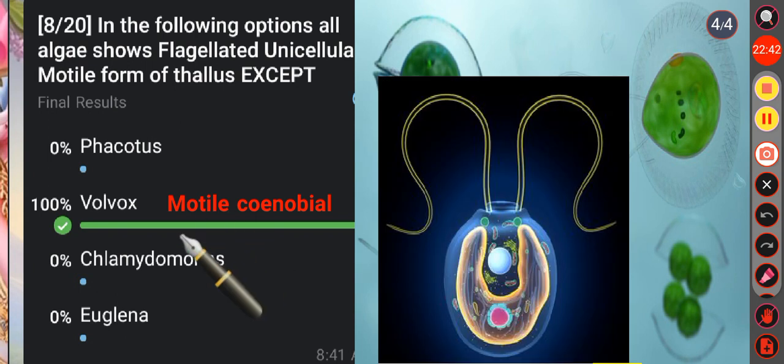Then option C, that is Chlamydomonas. We know Chlamydomonas is a unicellular motile green algae. Then Euglena. Euglena is also a unicellular motile organism. But here Volvox is motile but not unicellular, right? So here the correct answer is option B.